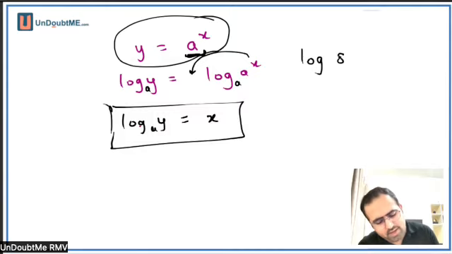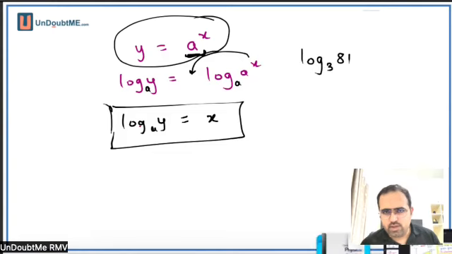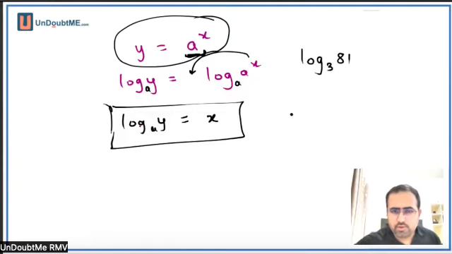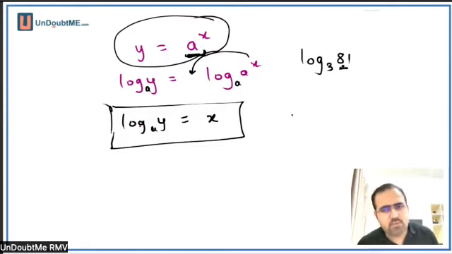So it may not be that convincing if you're taking it as a proof, but let's say I have one more question: log of 81, and over here the base is 3. So how will this property actually be useful? You just try to see if 81 can be written as a power of 3. Questions will always be framed in such a manner.